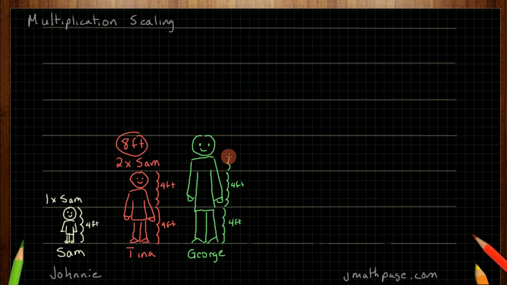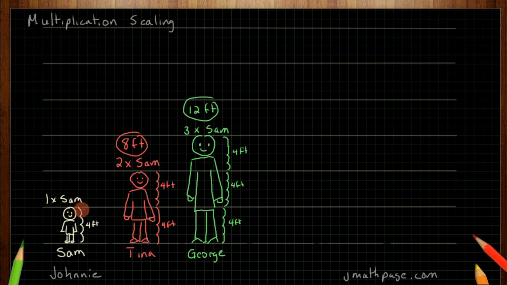And 1, 2, 3, 4 more. We can see that George is 3 times as tall as Sam. And how tall is that? Well, 4 and 4 and 4 more add up to 12 altogether. So we know that George is 12 feet tall.